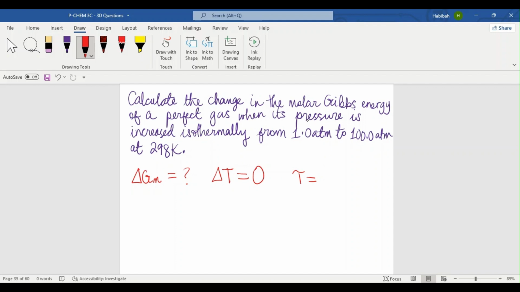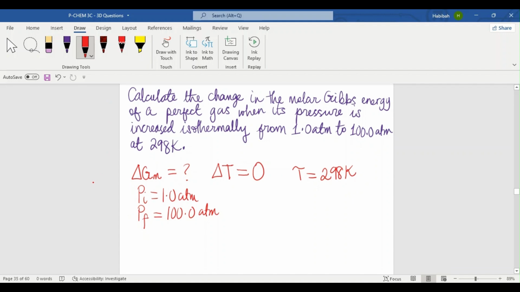So we've got the initial pressure of 1.0 atmosphere and the final pressure of 100.0 atmosphere, and we're also given the temperature, 298 Kelvin. The first thing you have to do is realize which formula to use after writing down the information given.